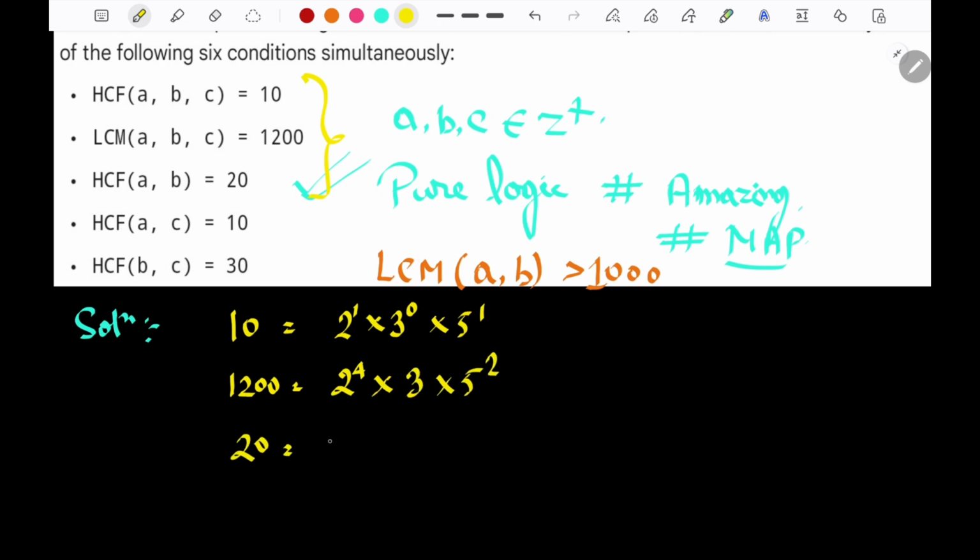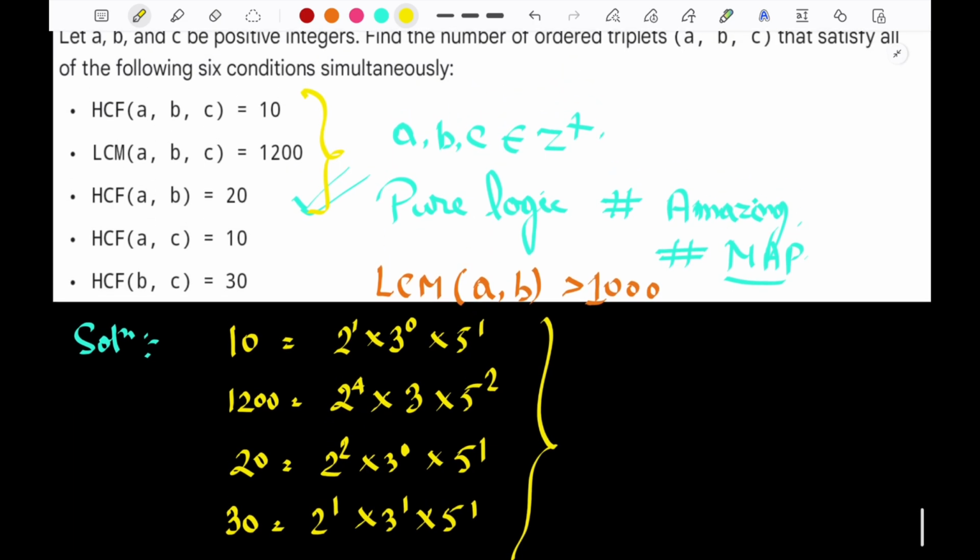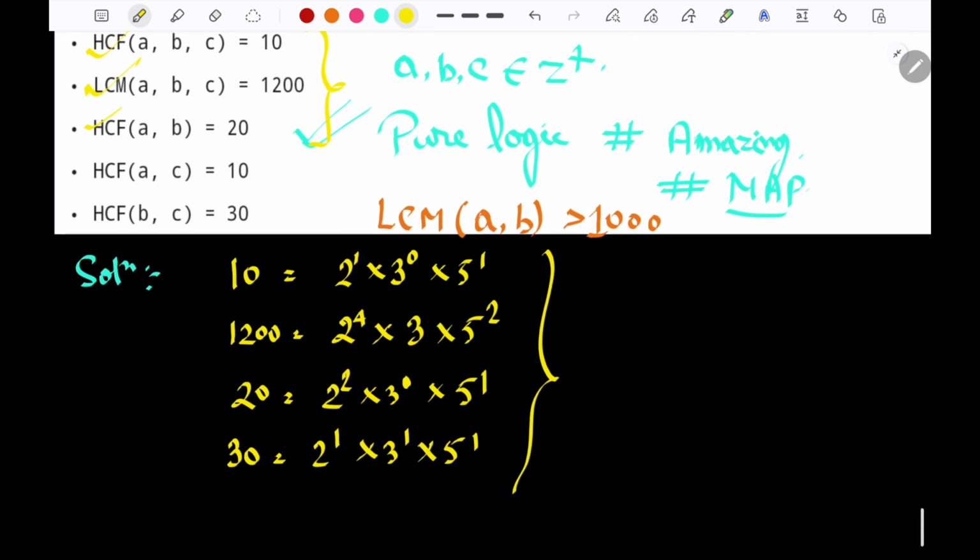Again 20 can be written as 2 square into 3 to the power 0 into 5 to the power 1. Again 30 can be written as 2 to the power 1 into 3 to the power 1 into 5 to the power 1. Super. Now this is HCF of ABC, LCM of ABC, HCF again 20, 30 and there is 10.